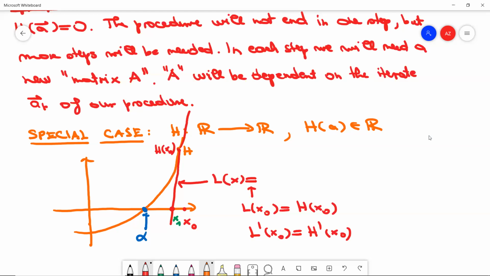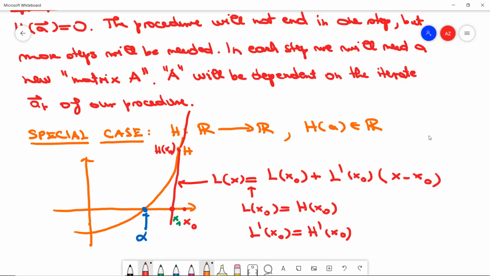These were two conditions, and it turns out that then L of x, the simplest way to express it, is L of x naught plus L derivative of x naught times x minus x naught. So this is the easiest way to express this tangent.